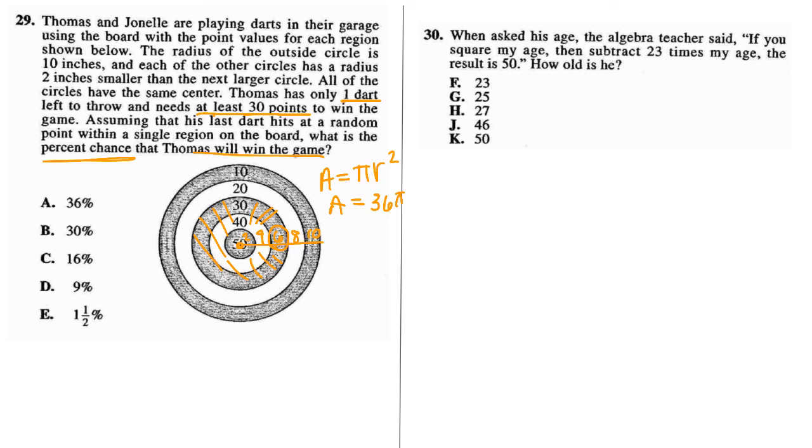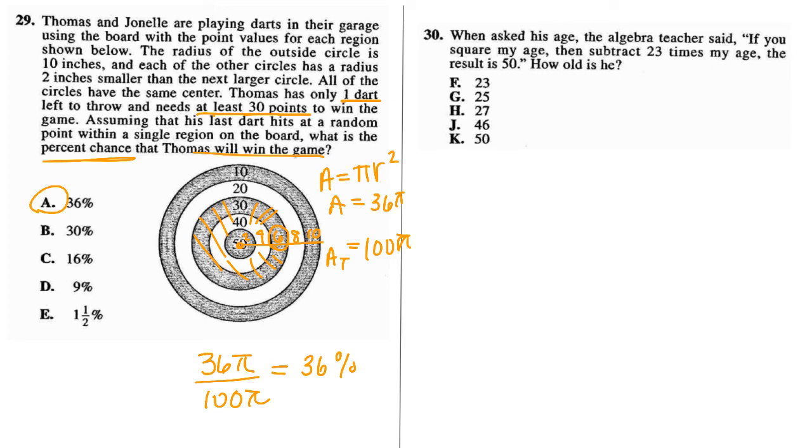The radius is 10, so the total area is going to be 100 pi. So the percent chance of winning is 36 pi over 100 pi, that's going to give us 36%. So that's going to be answer choice A.